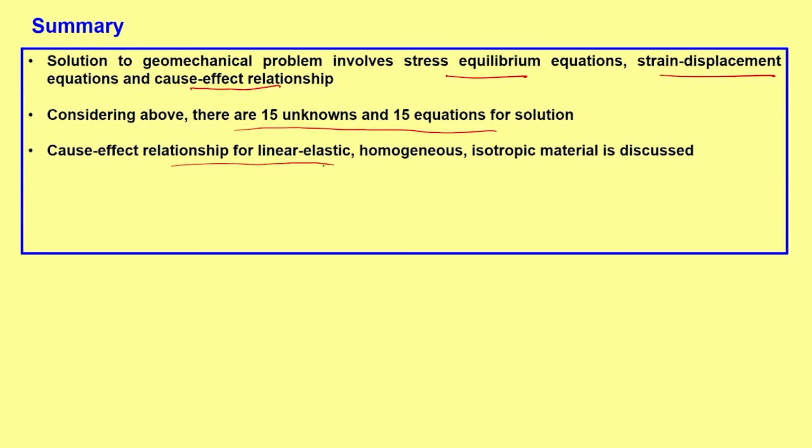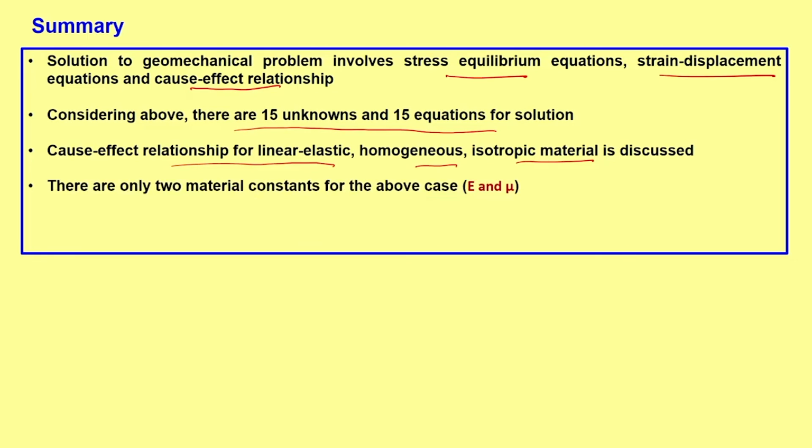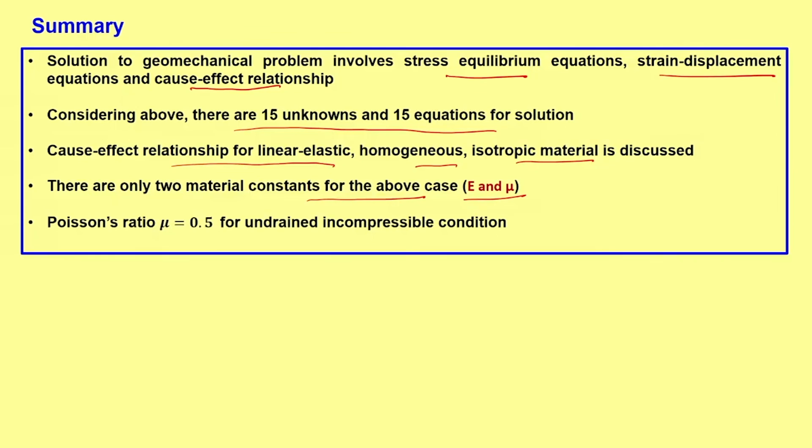Cause effect relationship for linear elastic homogeneous isotropic material has been discussed in this particular lecture. There are only two material constants for the above case, and that is the simplicity of this model where we discuss in terms of E and mu. And Poisson's ratio mu is equal to 0.5 for undrained incompressible condition.